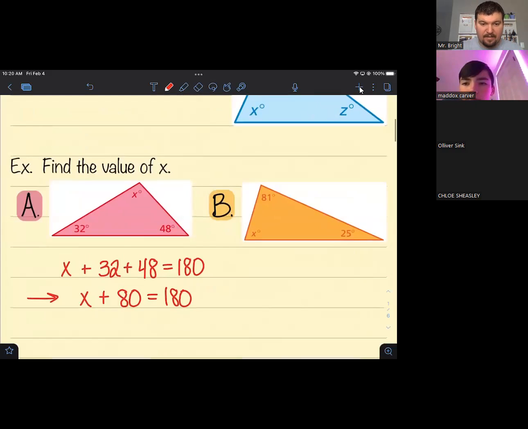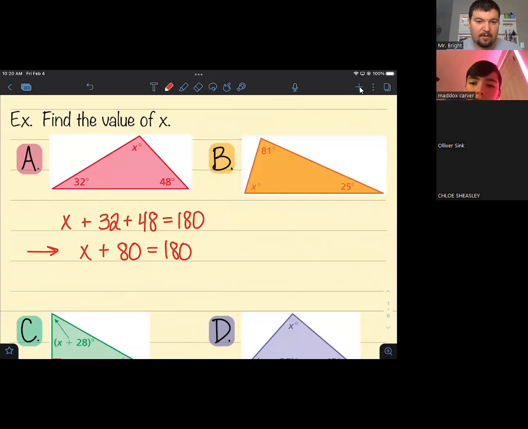If you add 32 and 48 together, that should be 80, and then you can solve for X. So what would X be for this triangle? Anybody can shout it out. 100. 100, yeah.